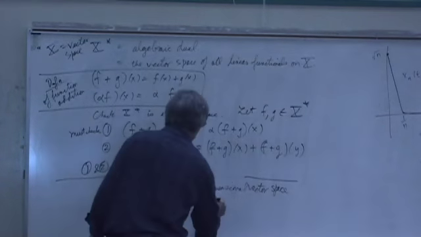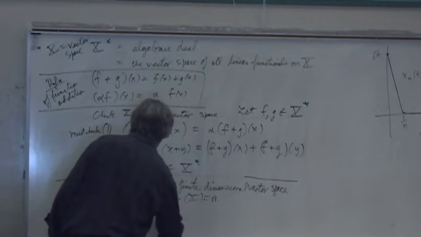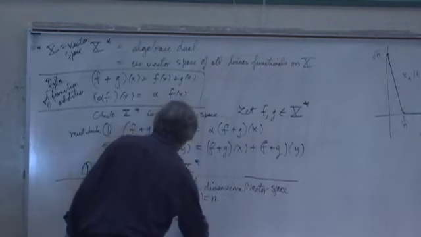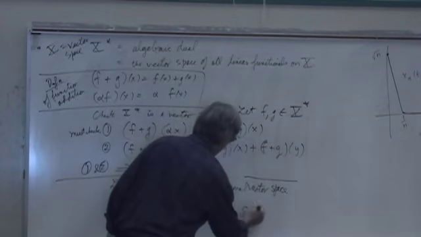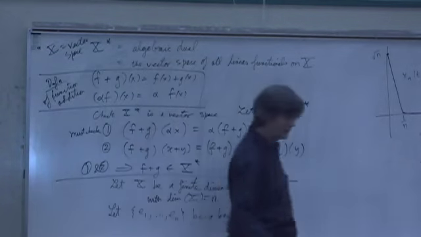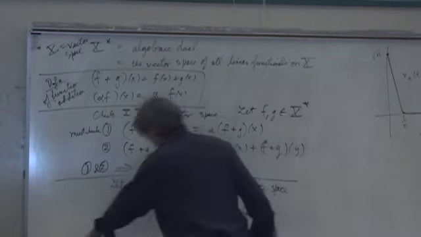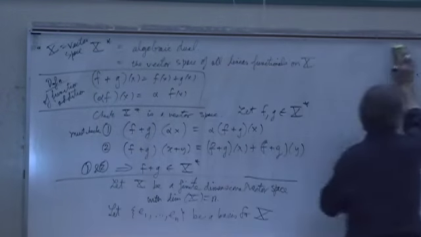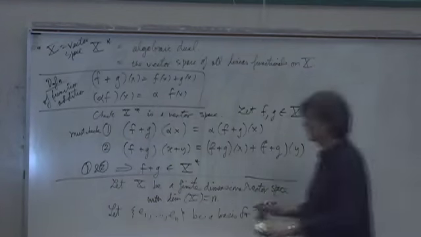And let E1 through En be a basis for X. Then there's something called the dual basis corresponding to this basis. What is that? So I want to talk about dual basis.